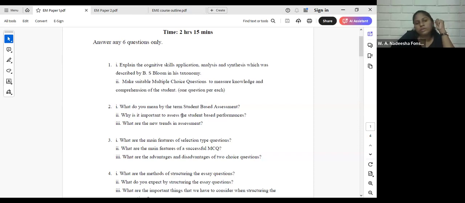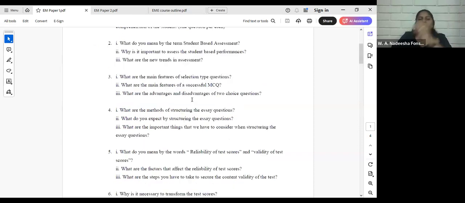Third one, what are the main features of selection type questions? In which domain are selection type questions? What is the domain?